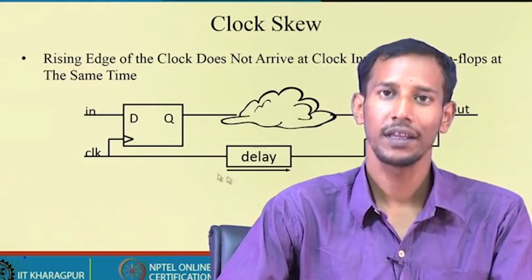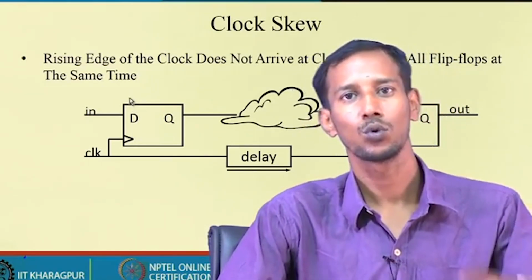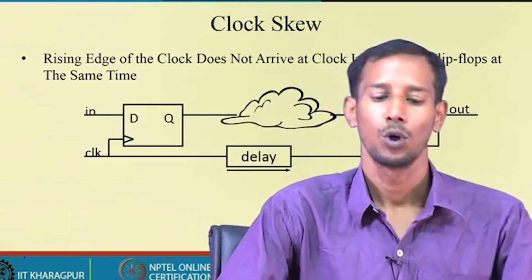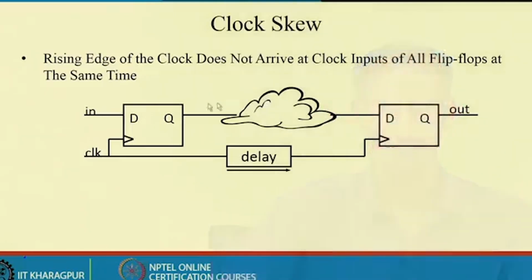So there will be a difference in the arrival of the clock edge at those flip flops, and at that time clock skew occurs. These two flip flops are connected via some logic, and the arrival of the clocks also differs. This may create some problem for the system.